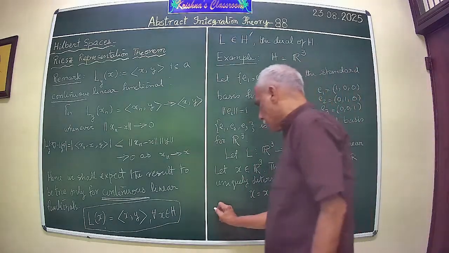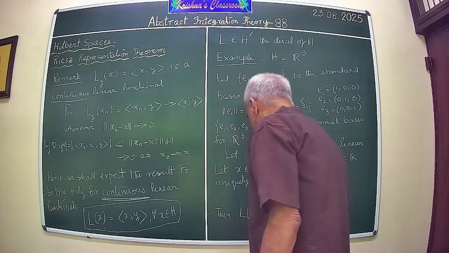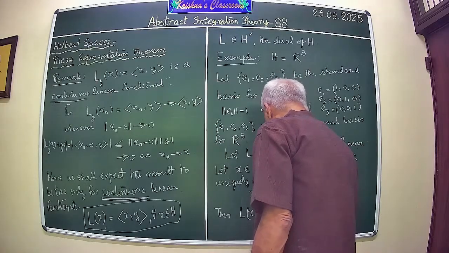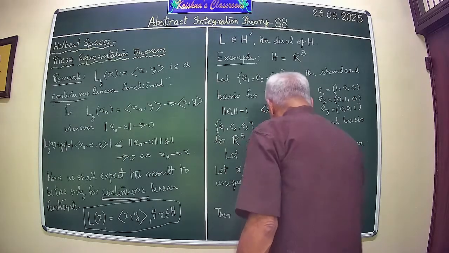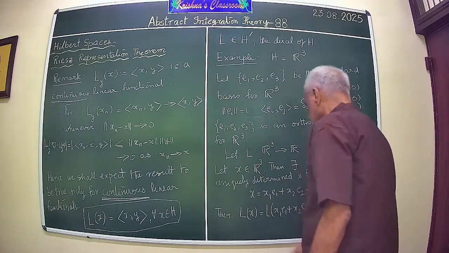Then Lx equal to L of P1 e1 plus P2 e2 plus P3 e3.